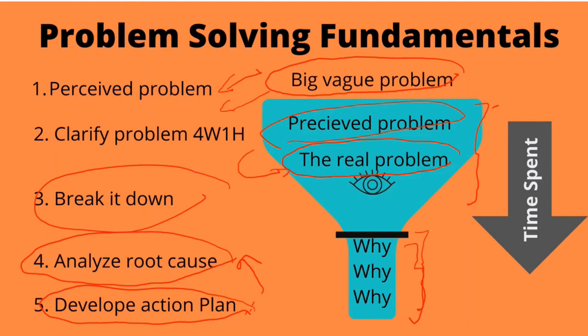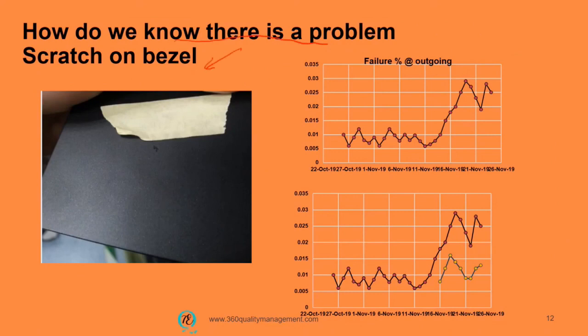For example, there's a damaged component on a printed circuit board. They will just look at the operator and then they will train the operator. So this is an example of a scratch on the bezel. A scratch on the bezel actually happens quite commonly in a production line when there's some kind of handling. So the reject rate may be very small.